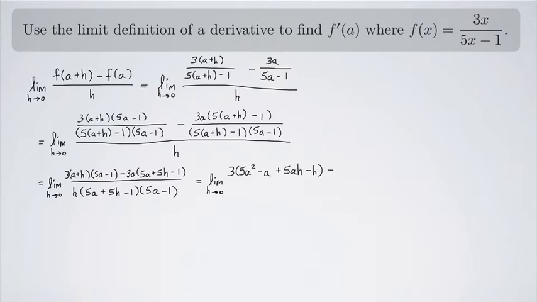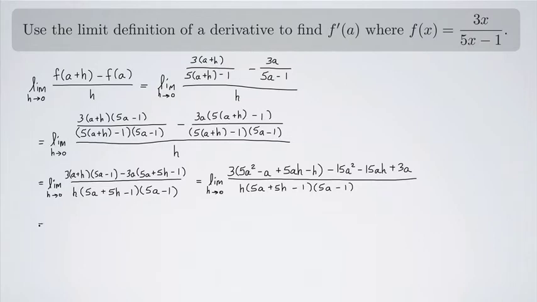That's going to be 3a and 5a with a minus sign, negative 15a squared. Then I have negative 3a plus 5h, that's going to be negative 15ah. And negative 3a, negative 1, that's going to be positive 3a. And then my denominator stays the same. Not going to multiply it out. h times 5a plus 5h minus 1 times 5a minus 1.